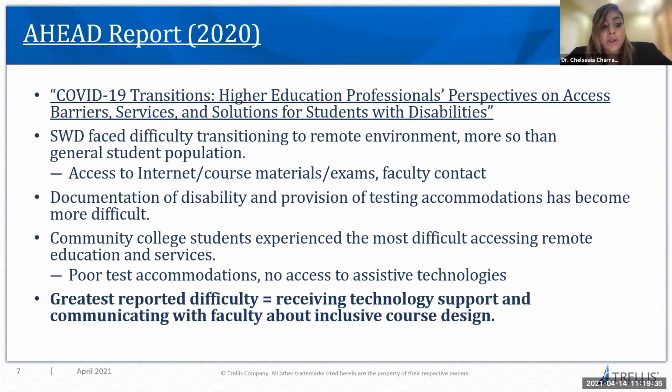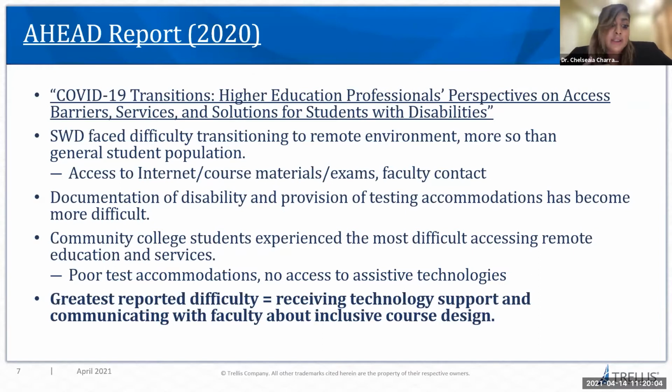I want to point out a couple of the percentages and the drastic difference between those without disabilities and those with disabilities. For access to technology, 85% of students with disabilities had difficulty, whereas 61% of students without disabilities had difficulty. So it's a pretty huge gap.